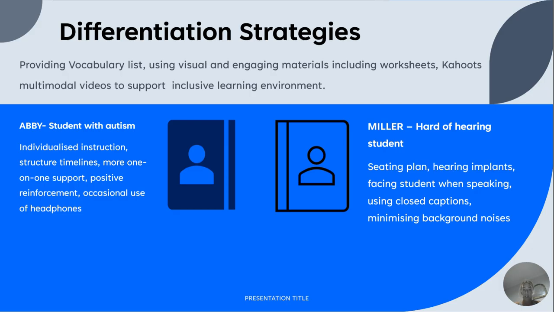Using a more specified differentiation method, such as providing a more structured, broken down plan, such as Abby's instance, assists in meeting her learning requirements, using strategies such as allowing headphones, providing one-on-one support, and managing classroom noise to mitigate further possible behavioural and learning issues within the classroom.